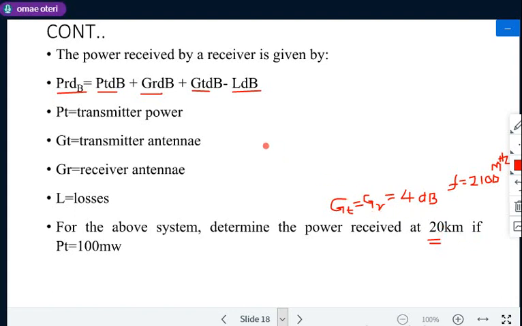So which means you need to start calculating the losses, which will be subtracted from the summation of the transmitted power in decibels, the gain of the receiver, the gain of the transmitter. I want to see whether there is anyone who will get that question right.